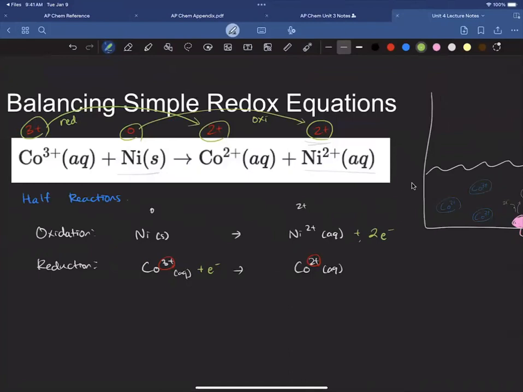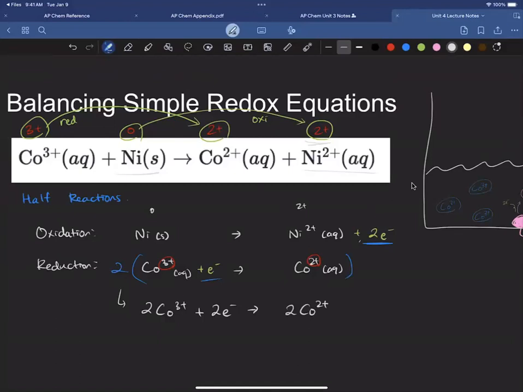Next, we have to balance the number of electrons. Since the oxidation half reaction has 2 electrons and the reduction has only 1 electron, we multiply the whole thing by 2. So it becomes 2 cobalt 3+ plus 2 electrons equals 2 cobalt 2+.